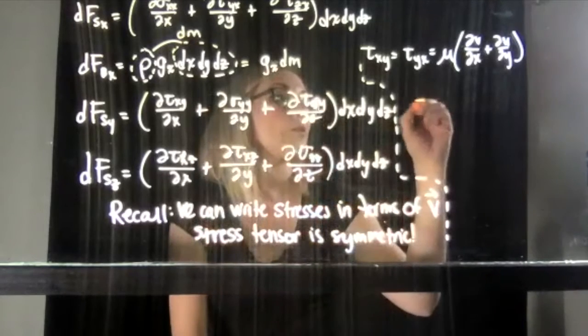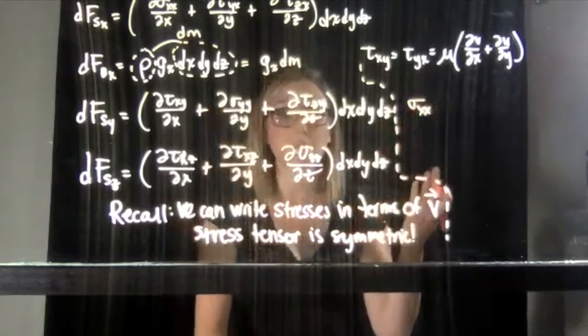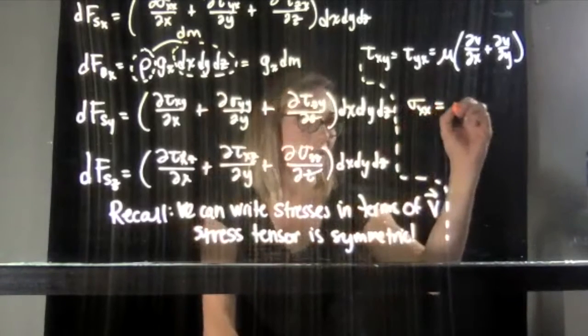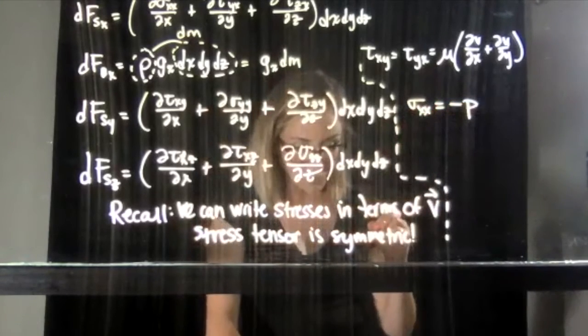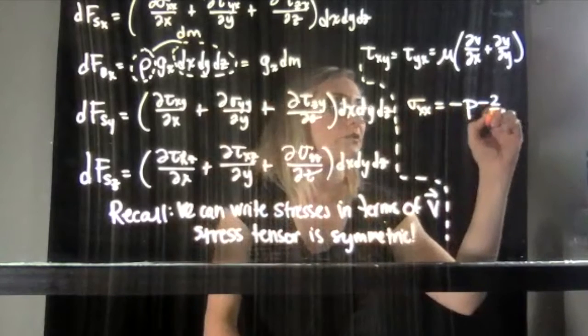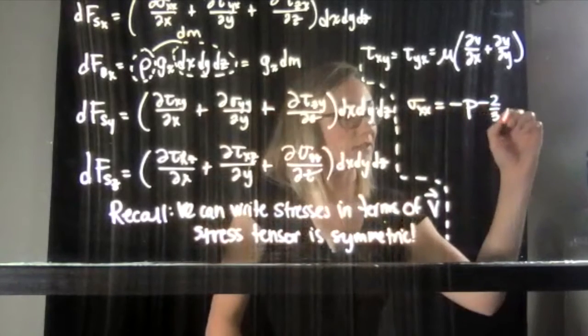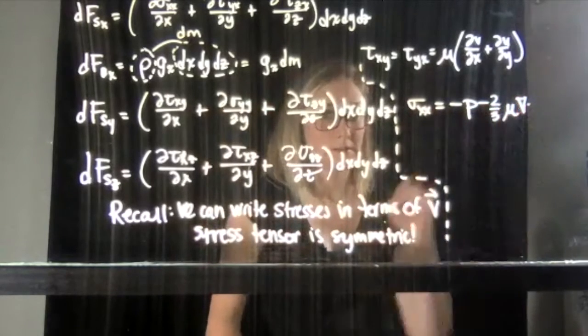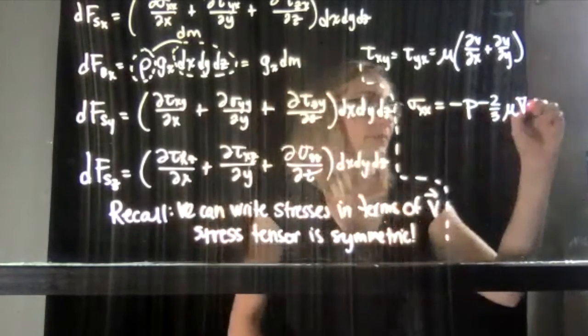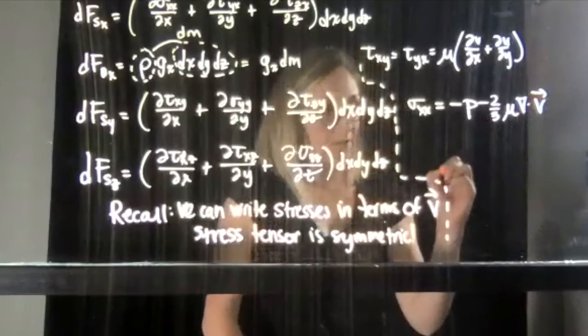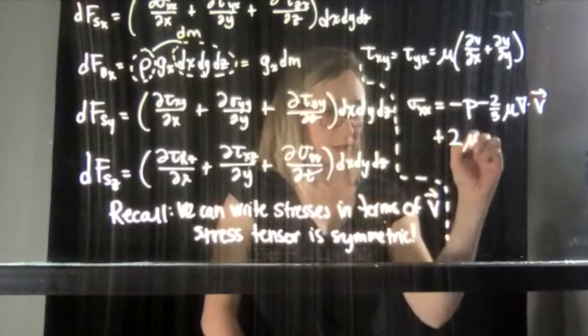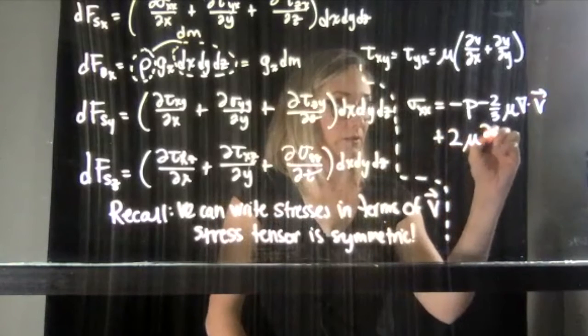So here we'll write that sigma xx, so this is a normal force, is going to be equal to the negative pressure minus 2/3 viscosity, the divergence of the velocity plus 2 times the viscosity du dx.